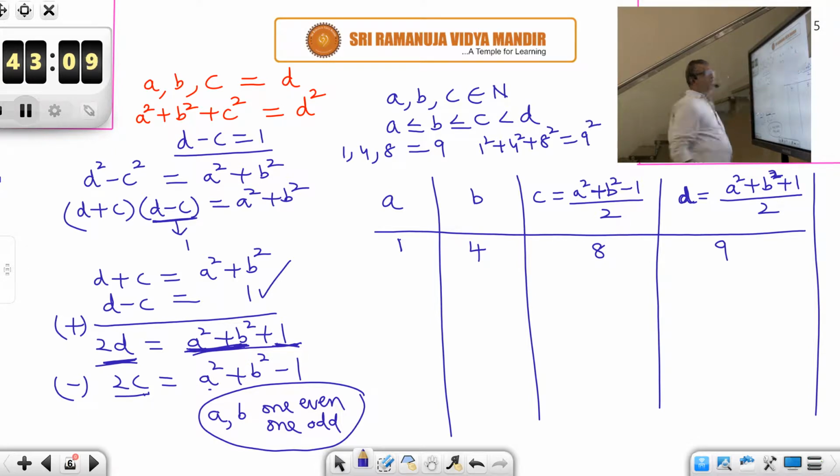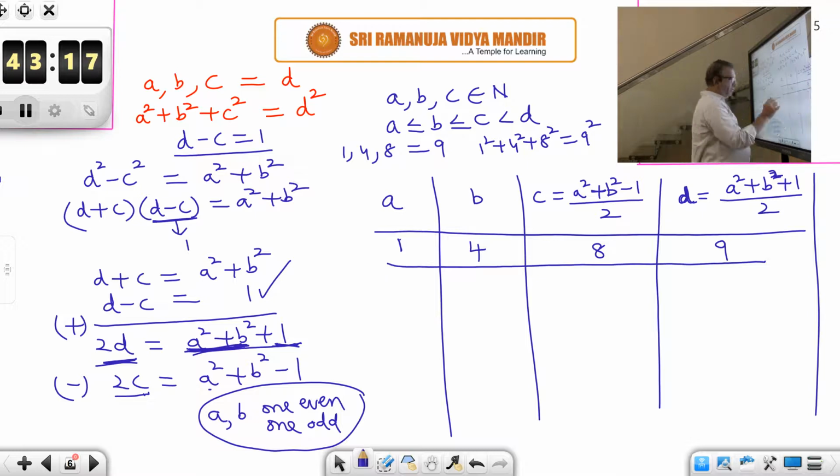You can check if you want. That will be correct. Next, similarly, suppose you take an even number, then the other number you have to take is an odd number, is it not? Say 5. So 2 square plus 5 square is 29, minus 1, 28 by 2, 14.